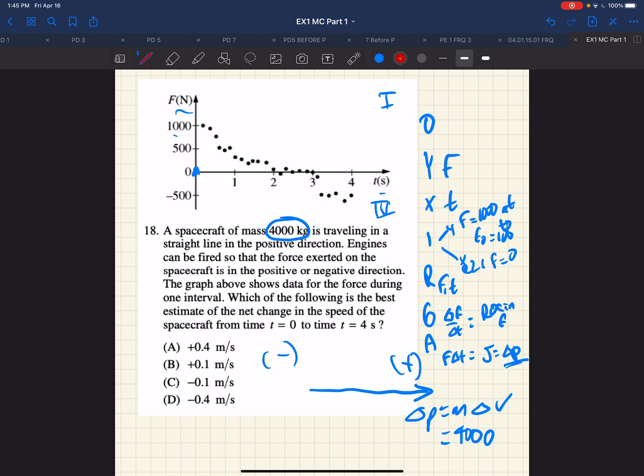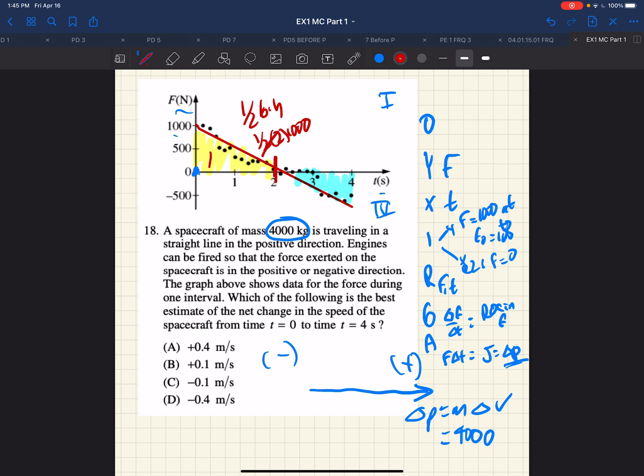Overall, we could look at this and say, maybe there is a straight line going like this, approximately so. And if so, then we have positive area here and negative area here. So let's say this is 1/2 base times height, 1/2 times 2 times 1,000.